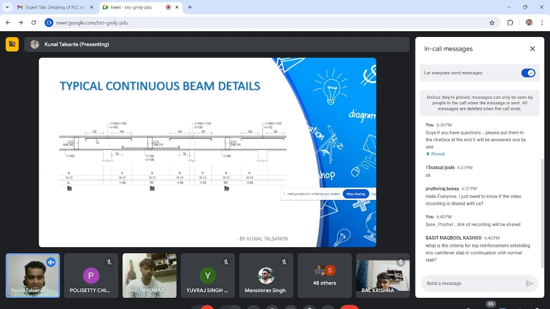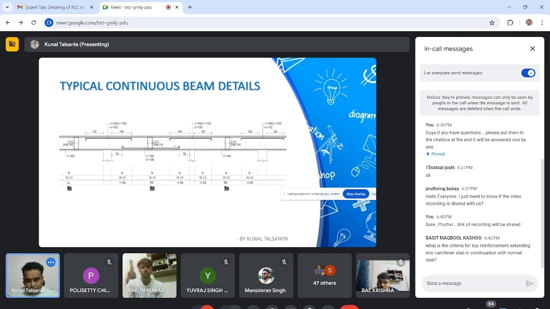This is 2-16 tor plus 1-12 tor as through steel. In the bottom, 3-16 tor is through steel. Once I have provided through steel as per the bending moment diagram requirement in span and support, I have provided the additional steel in span as well as support.